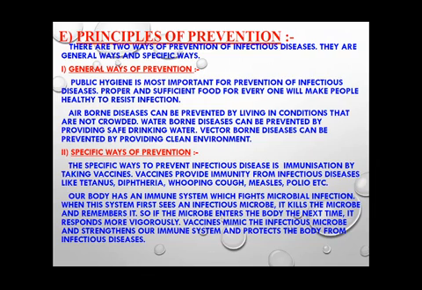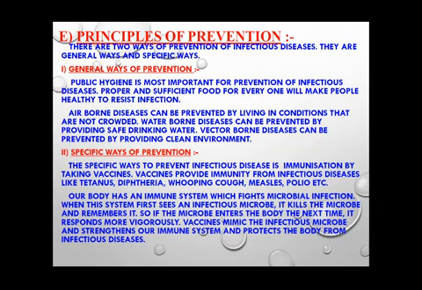Okay, and vaccines mimic the infectious microbe and strengthen our immune system. So what is the vaccine doing? A vaccine contains weakened or dead microbes, and it is then injected into our body. Our body recognizes it as an infectious agent and then remembers it.